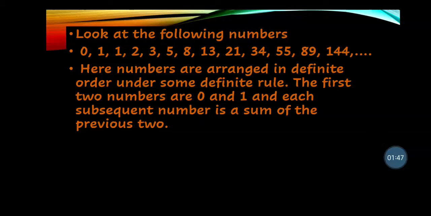The first two numbers are 0 and 1, and each subsequent number is the sum of the previous two. That means 0 plus 1 will give you 1, 1 plus 2 will give you 3, 3 plus 5 will give you 8, 8 plus 13, 21, 21 plus 34, 55, 55 plus 89 will give you 144, and it goes on.